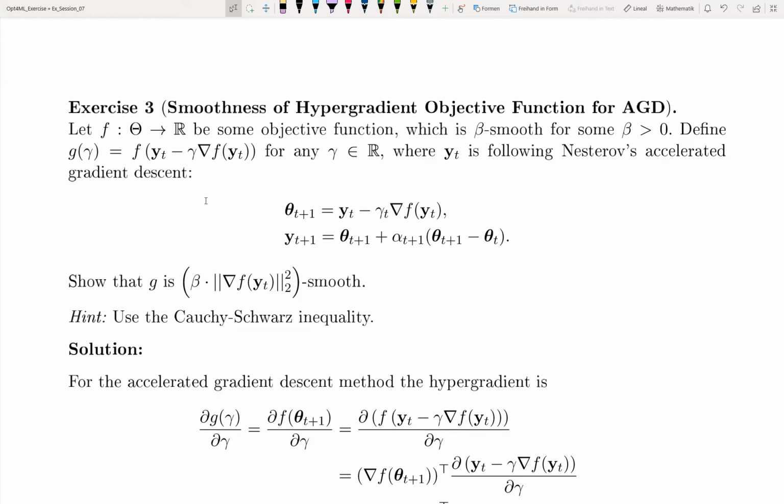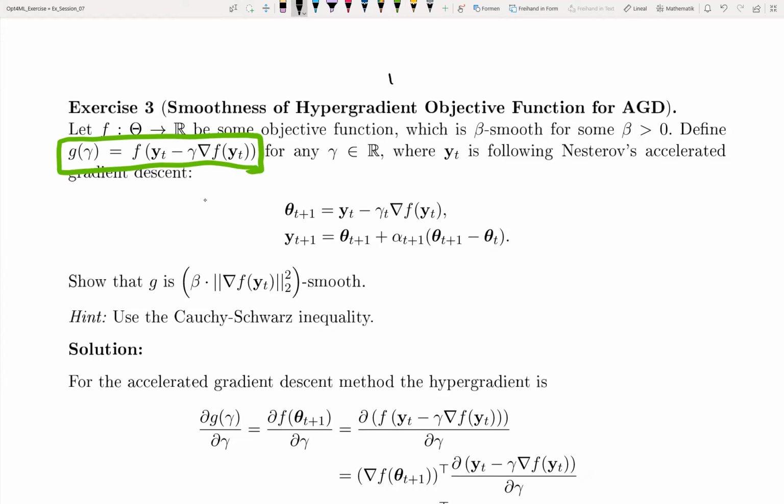And to keep things simple, you can go with gradient descent, and do a gradient descent regarding the choice of the step size. And the concrete objective function you have is specified here for the accelerated gradient descent.